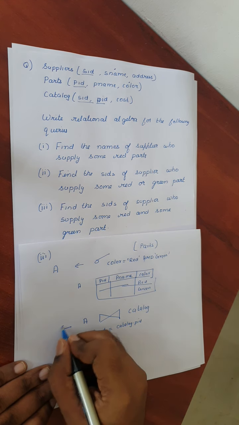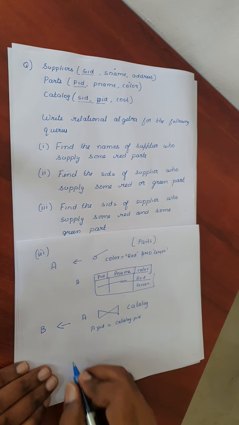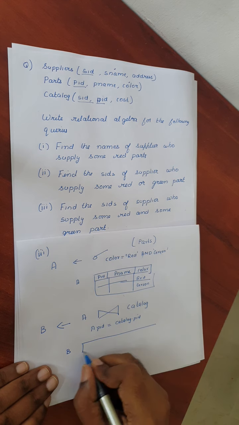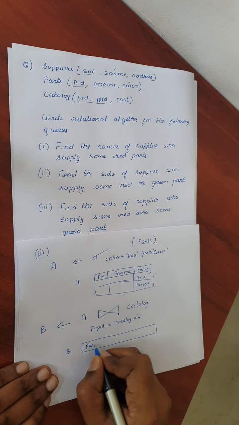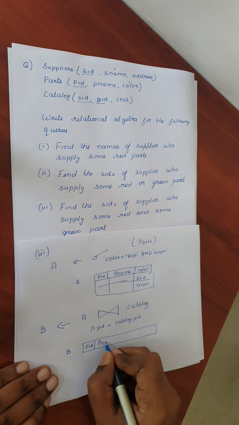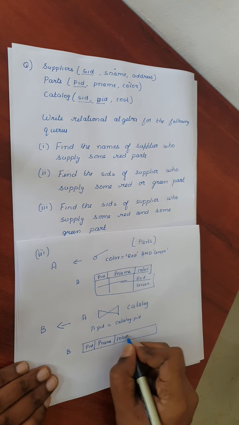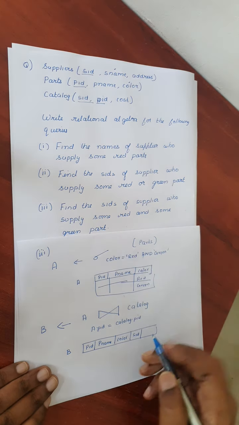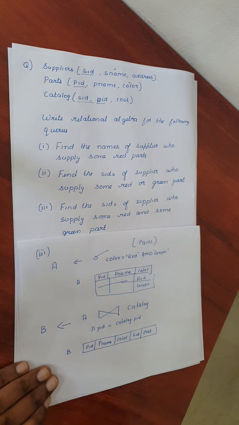Okay, so this will be stored in intermediate result B. So this B contains what all values? All the PID fields are there: PID, PName, color, SID. Again PID will not be repeated. Cost. These many things are inside it.